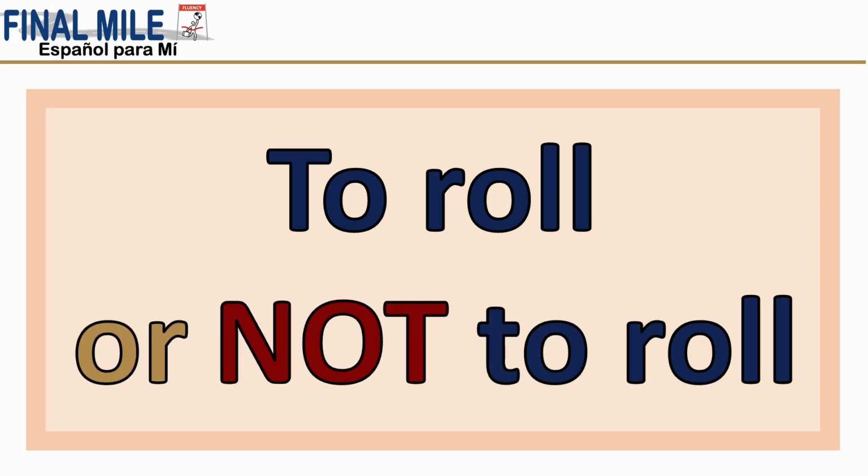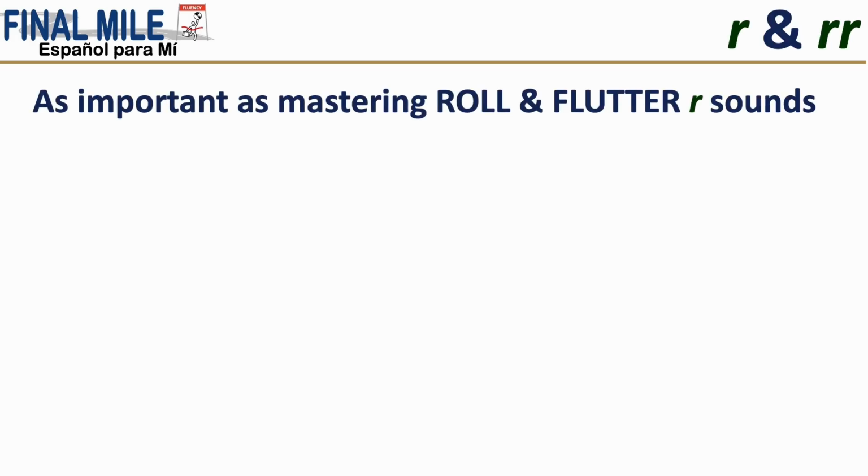Okay, the next section, to roll or not to roll. As you saw, we mentioned in one of the initial lessons that the Spanish R has two different sounds. Most people are intimidated by the roll, but the flutter is equally challenging.